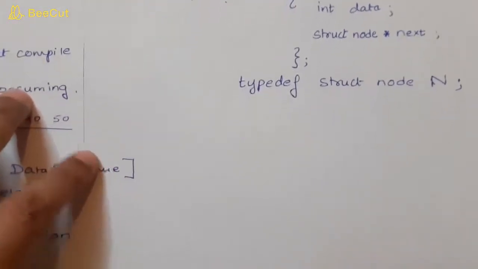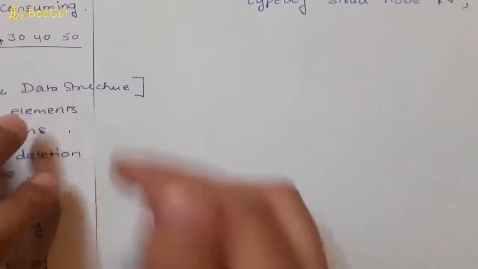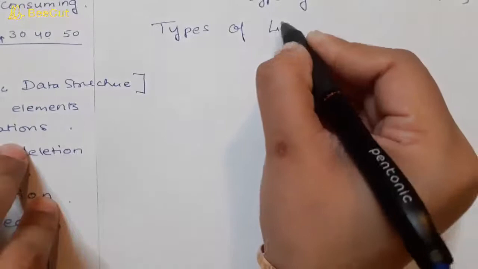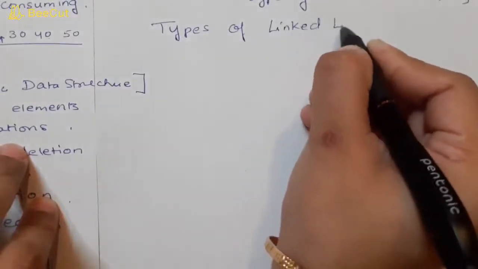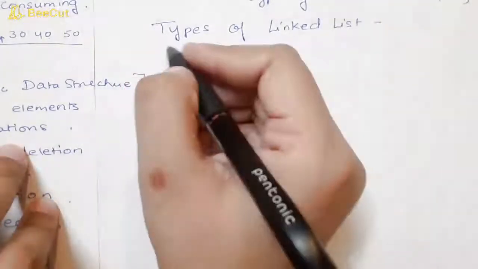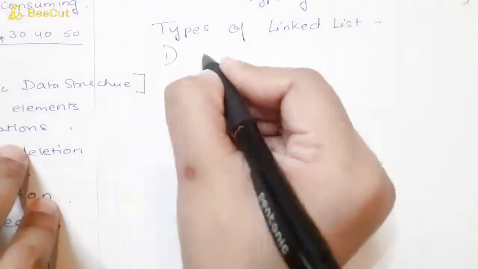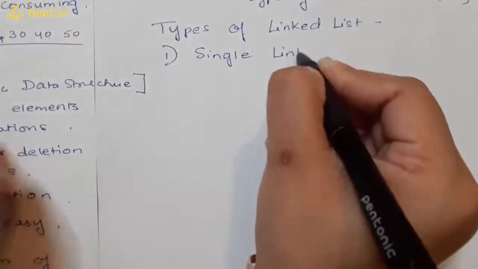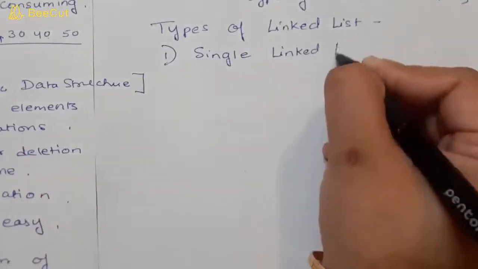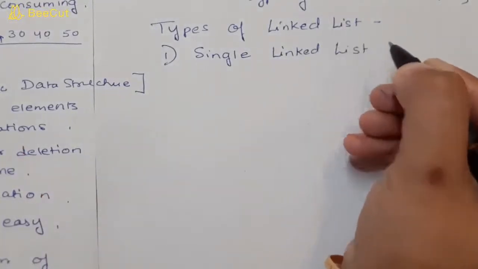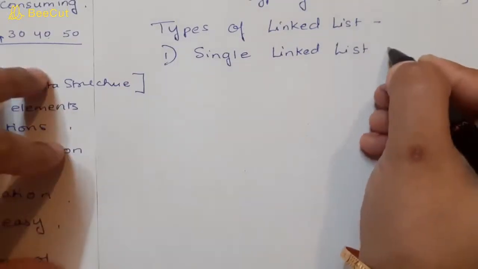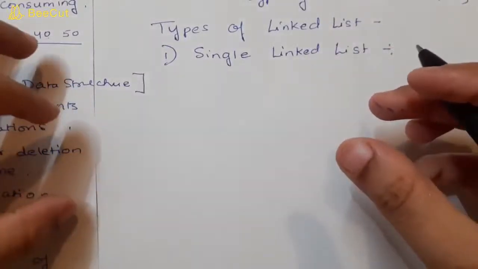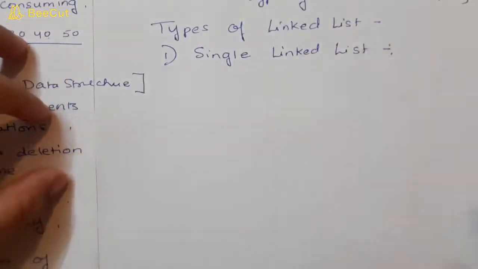Now we'll discuss the types of linked list. The first type of linked list is the single linked list. In a single linked list, the nodes are linked with each other in a linear manner.